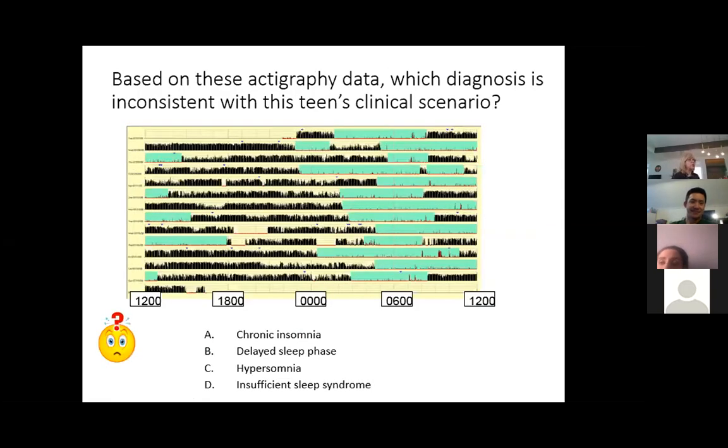Okay, so here's my question. Which diagnosis is inconsistent with this teen's story? Say hypersomnia.